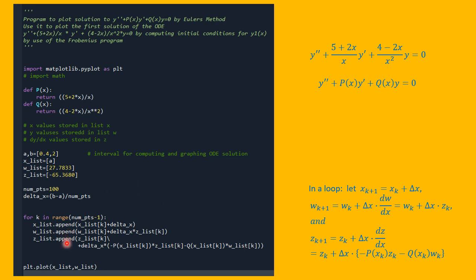And then after we have gone through this loop about 100 times and computed x, y, and z values, we will plot the x list versus the w list, which are basically the x values and the y values plotted against each other.